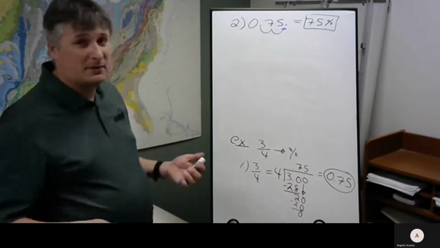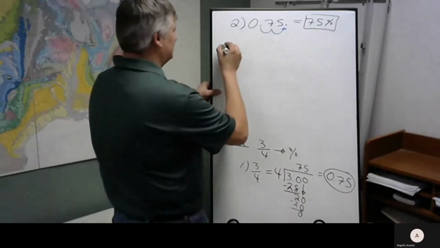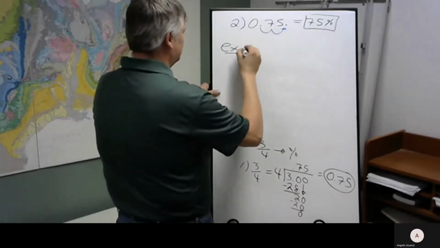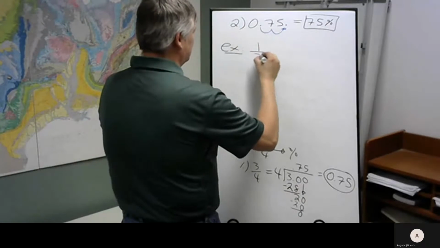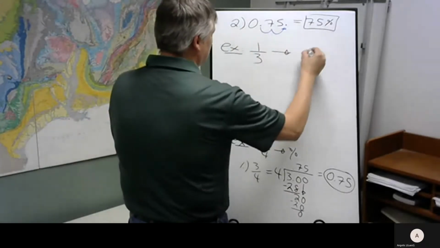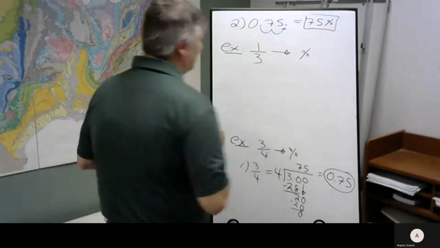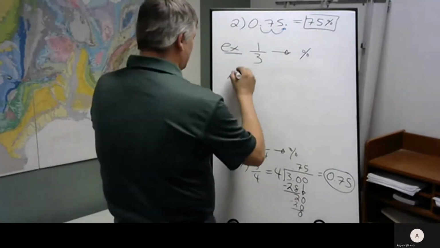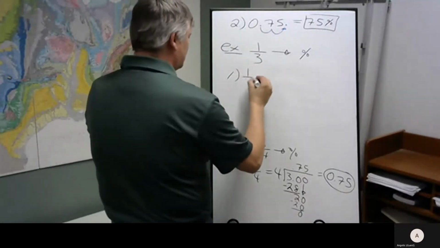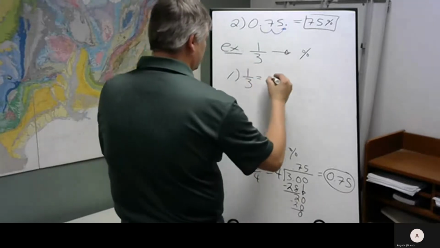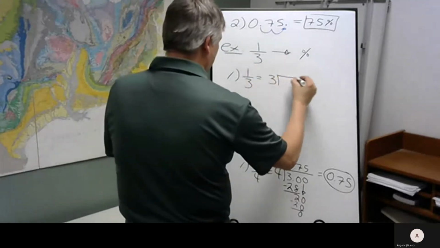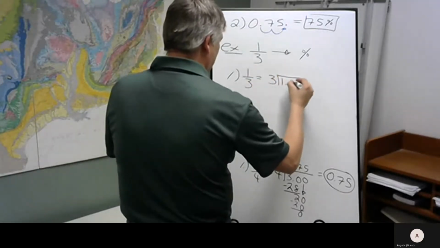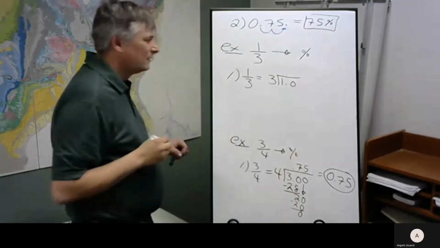All right, now let's say you have something like this. So again, we're going to convert this to a percent. We need to make it into a decimal. Decimal point up.